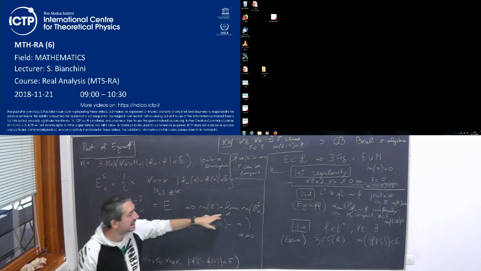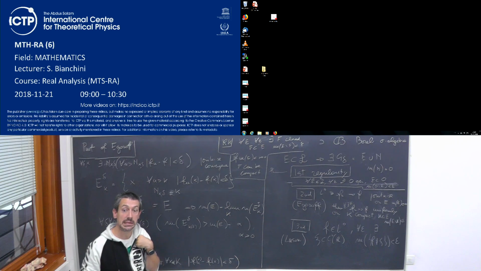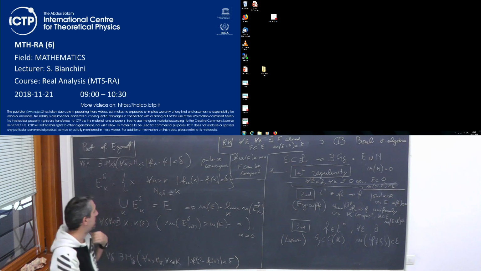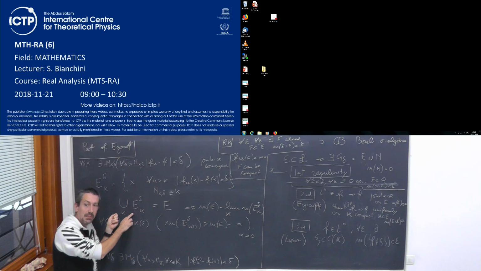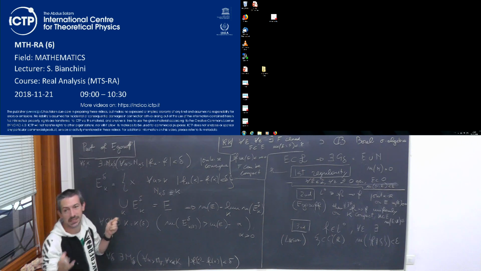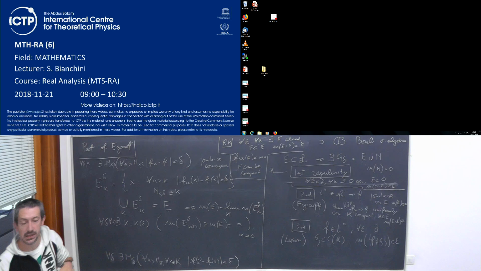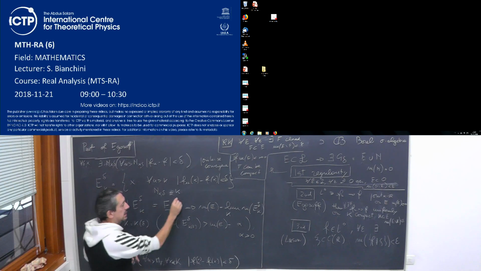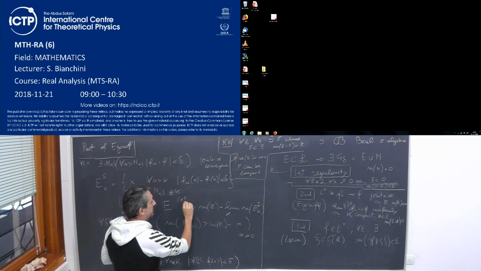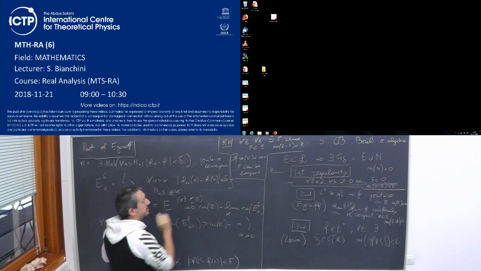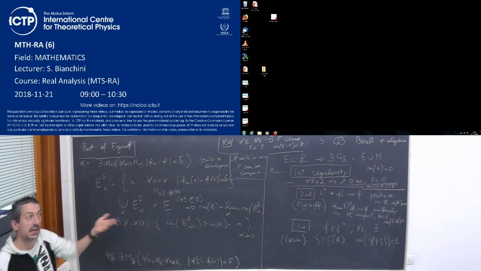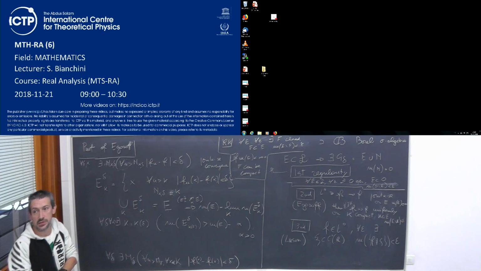What you cannot write is this limit if it is not increasing, because otherwise it only means that E is the union. But since it is increasing, the union is the limit of the partial unions, and the partial union is the last one. Once you have the limit, this is just the definition.